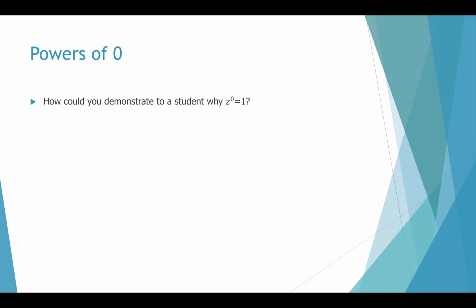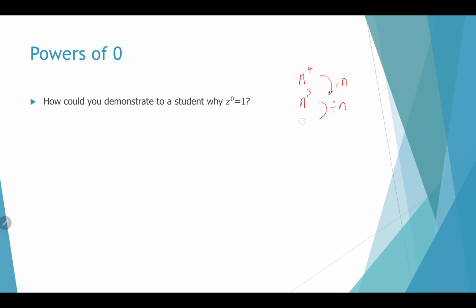So how could we demonstrate to a student why z to the power of 0 equals 1? Well, there's a few ways to do this. One way is to look at the properties of powers. If I continually decrease something, so if I start with n to the power of maybe 4, and then I divide it by n, I'm going to have n to the power 3, divided by n.